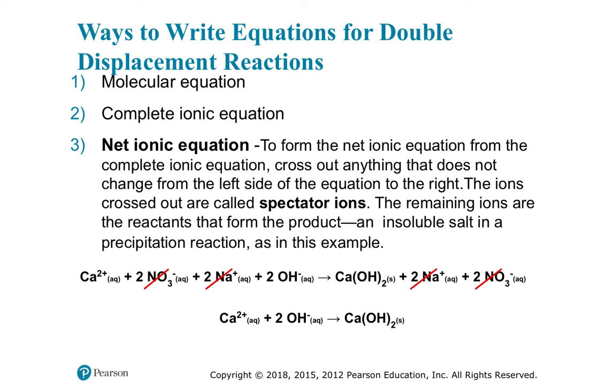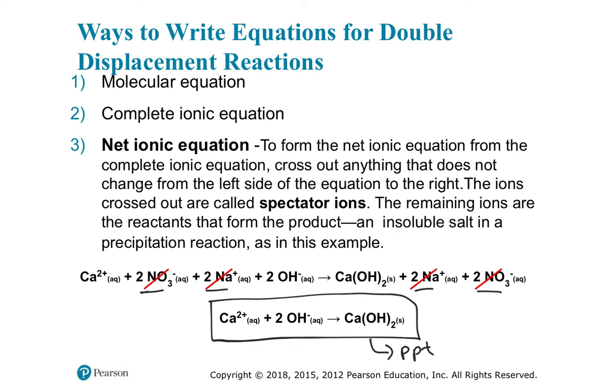And any of the ions that don't change are spectator ions. When you cross them out, you end up with a net ionic equation. The only reactants that remain form the product, an insoluble salt in a precipitation reaction. And so here we would have calcium plus 2 hydroxide ions combine to form the precipitate of calcium hydroxide.